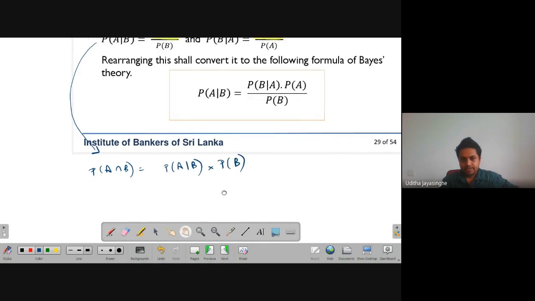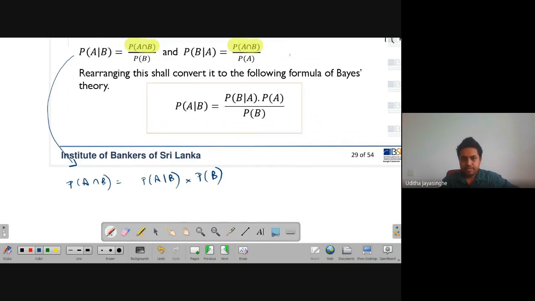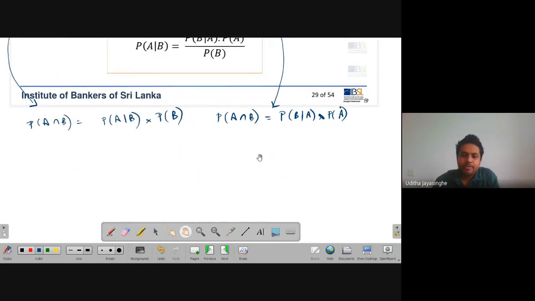Then the other equation, this part, I can write in the same way. What is that? Probability of A intersection B is going to be equal to probability of B given A this time, B given A multiplied by probability of A. Now, what have we done?